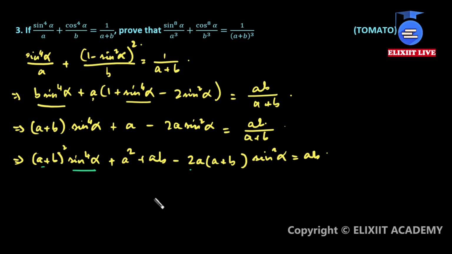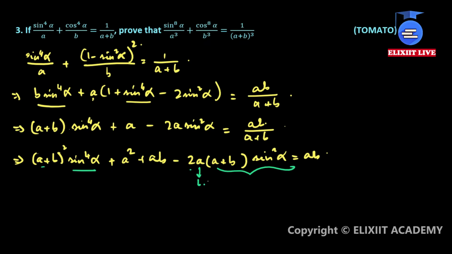This is A plus B sine square alpha. This is A and this is B. Minus 2AB.